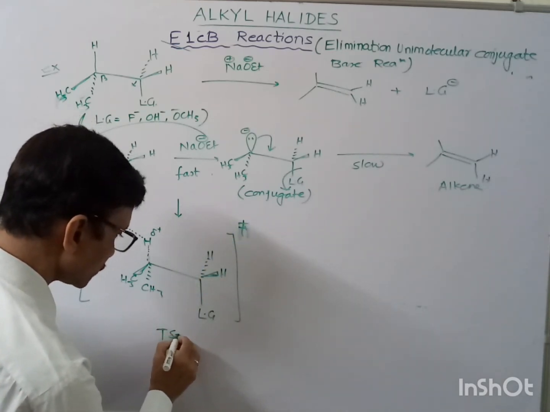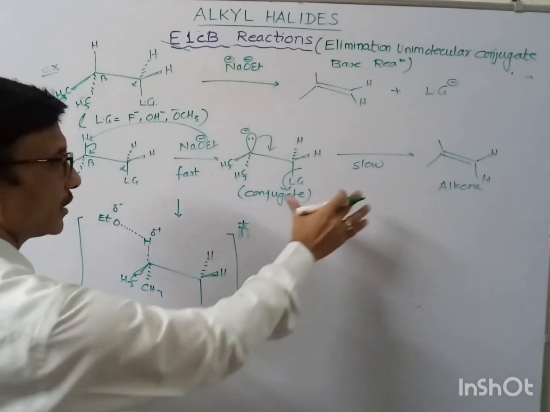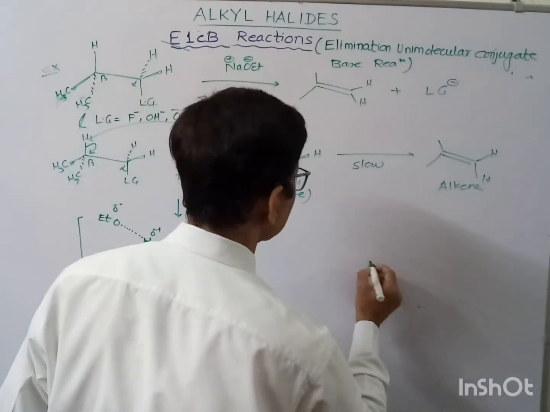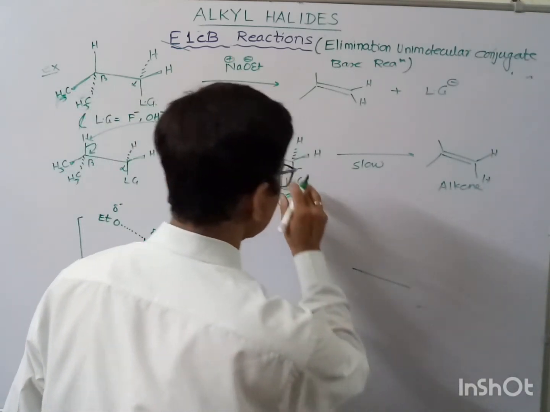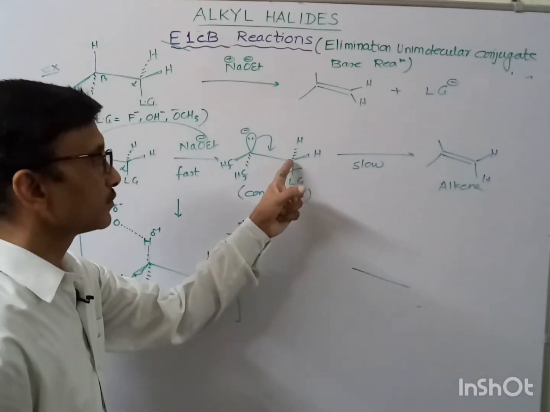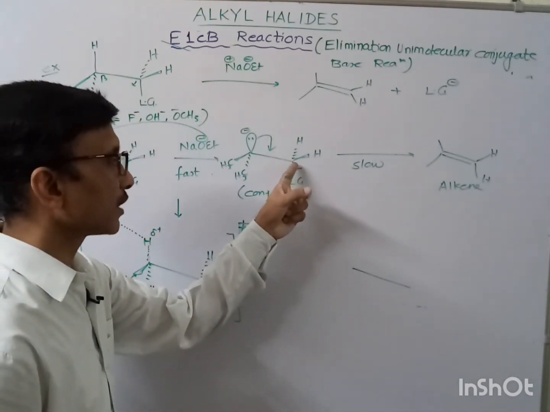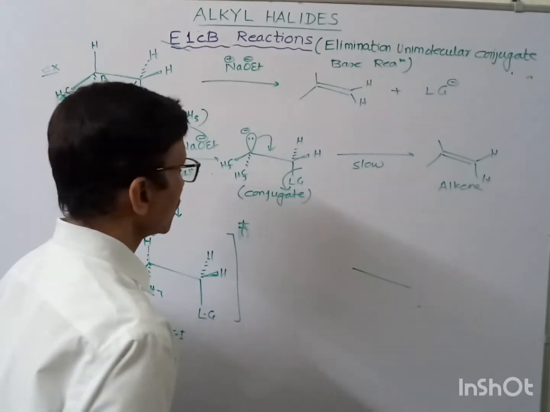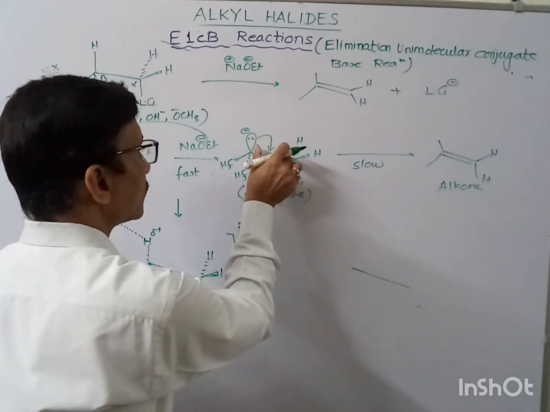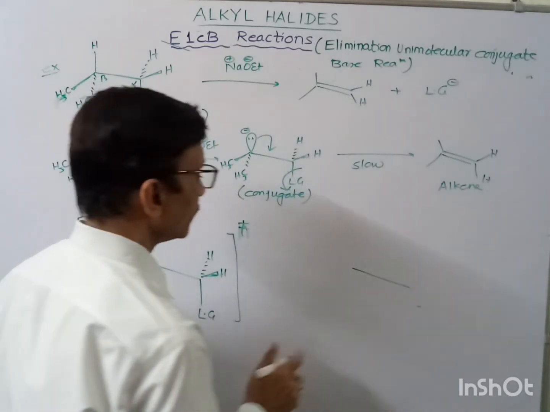So suppose this is transition state 1, and here also one transition state will be formed, where the bond between this carbon and the leaving group will start breaking and a new pi bond will start forming.